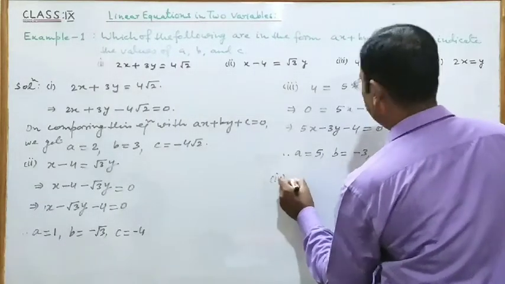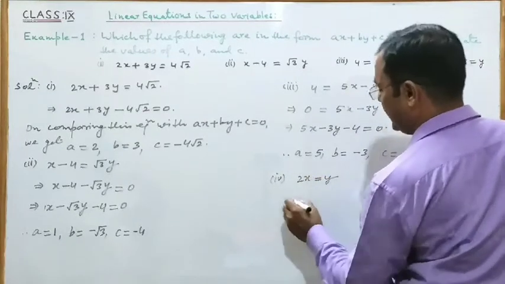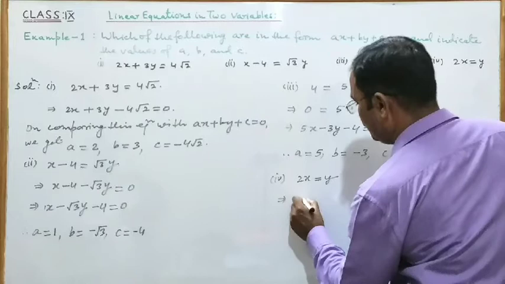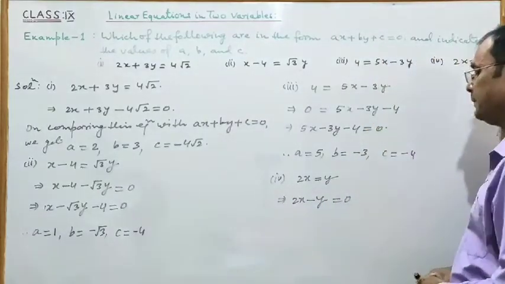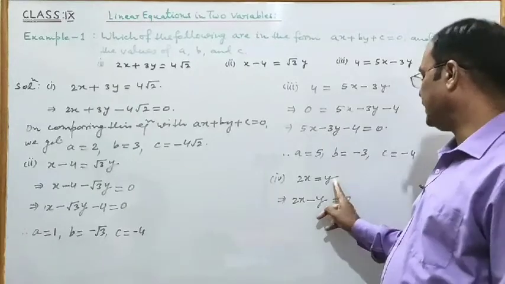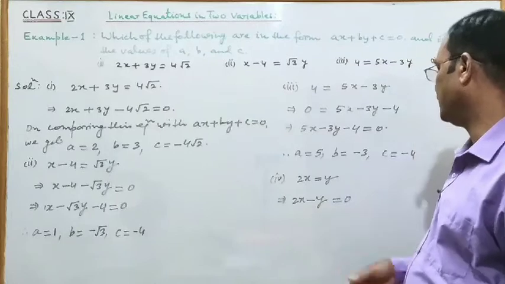Now the fourth given equation is 2x is equal to y, which can be written as 2x minus y is equal to 0. This y is transposed from right side to left side, and so we have got 2x minus y equal to 0.